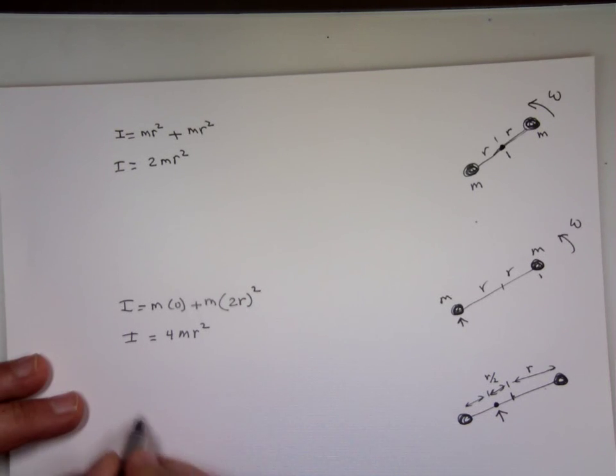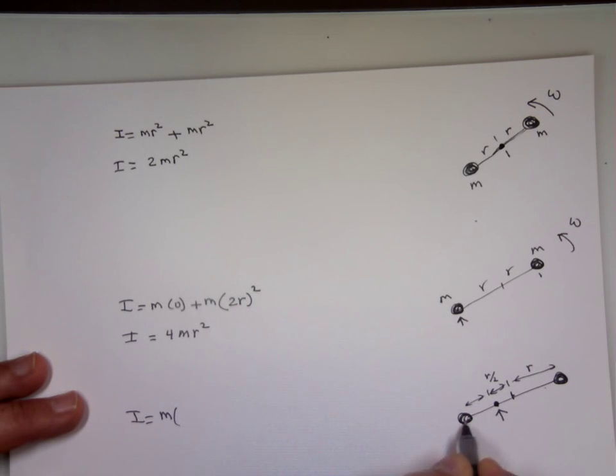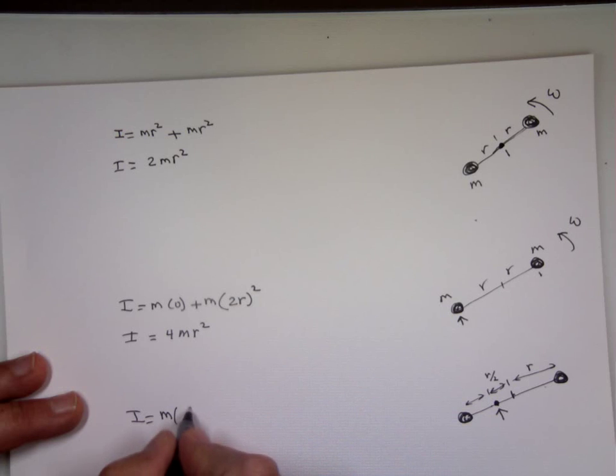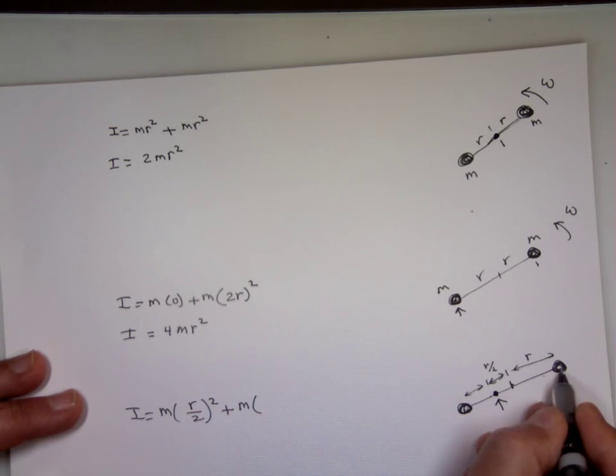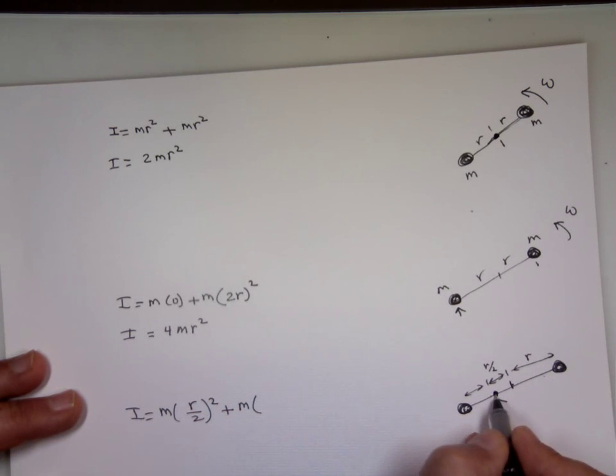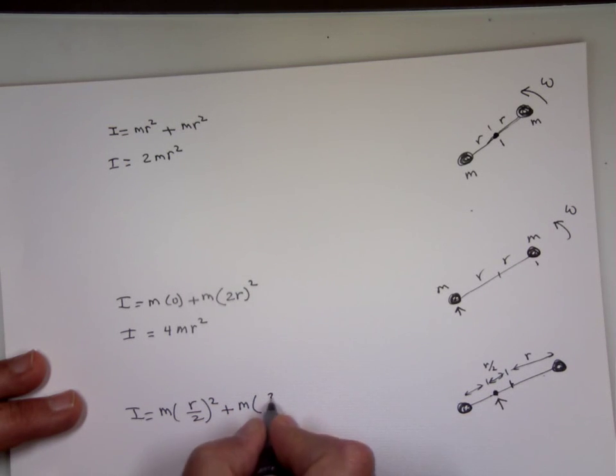The inertia for that will be the mass of this m times that distance squared. That distance is half an r. Plus the mass of the second one. And what's the distance from here to here? This is r plus half an r. That's 3 over 2, 1.5r.